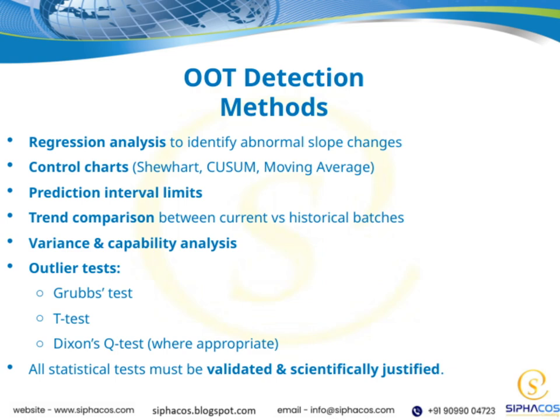It's important to remember that all these statistical tests must be validated and scientifically justified. This ensures that our conclusions are robust, credible, and based on sound methodology. Overall, these OOT detection methods form a comprehensive approach to maintaining process control and quality, enabling us to catch deviations early and ensure consistent product quality.